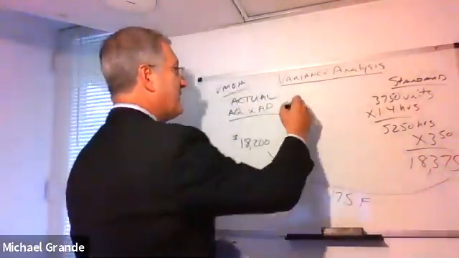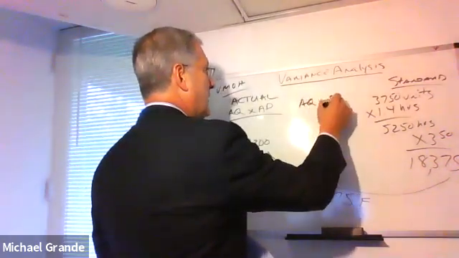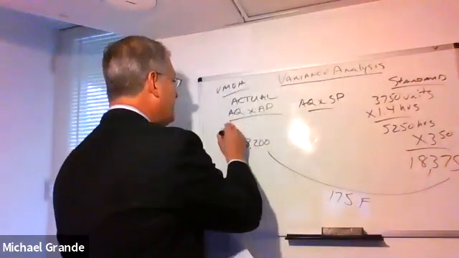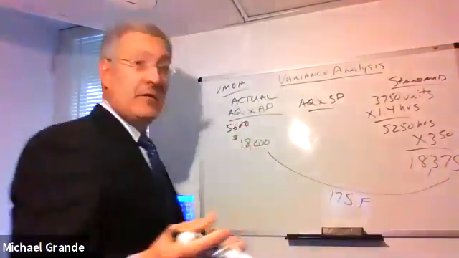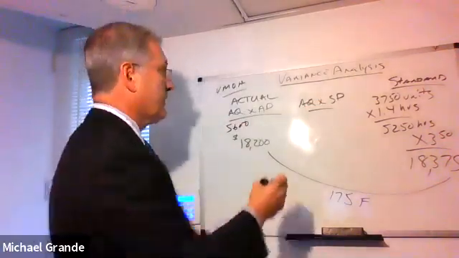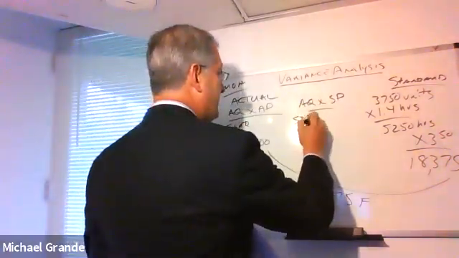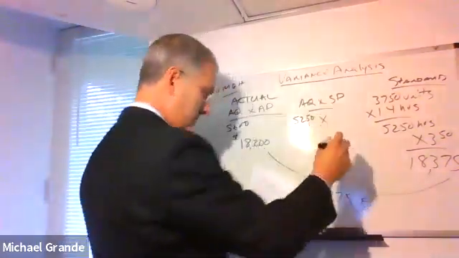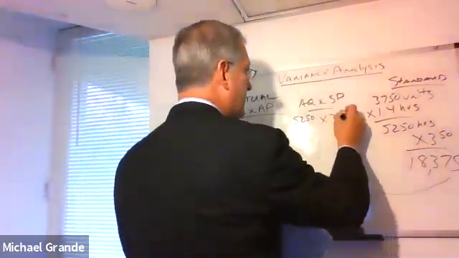But what about the stuff in the middle here? AQ times SP. Remember, the actual hours were 5,600 from the previous direct labor variances versus 5,250. The standard price is 3.50.